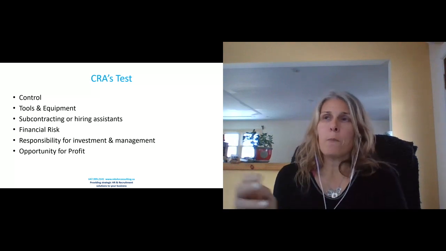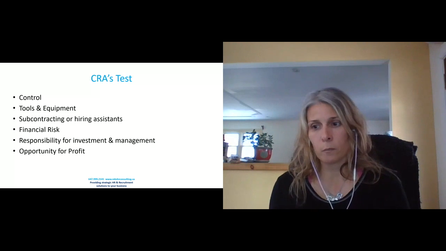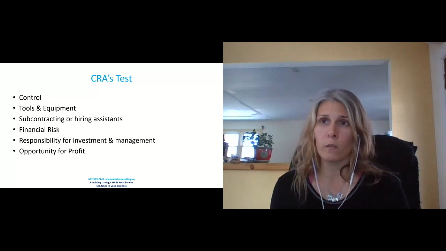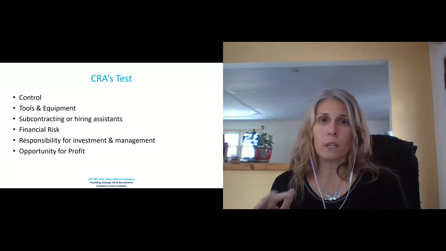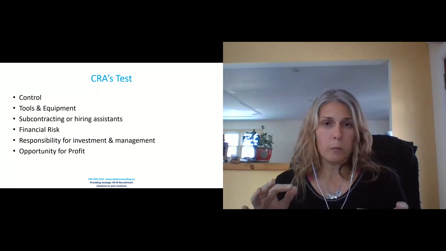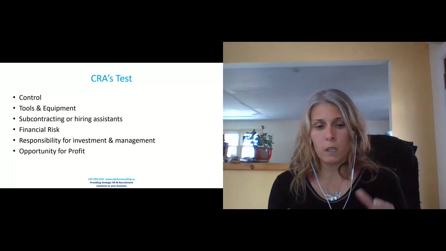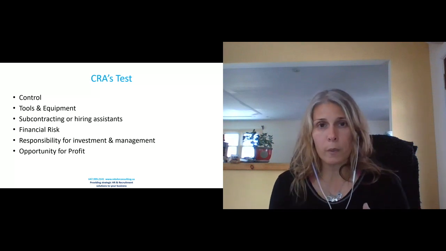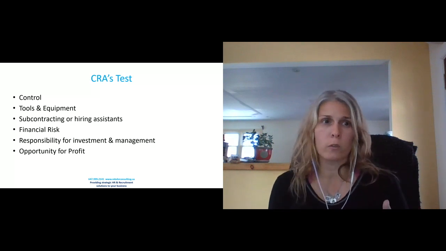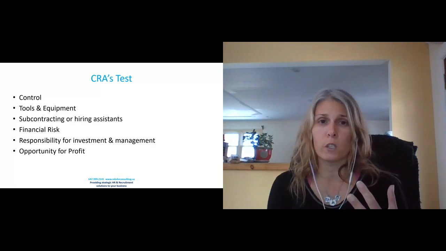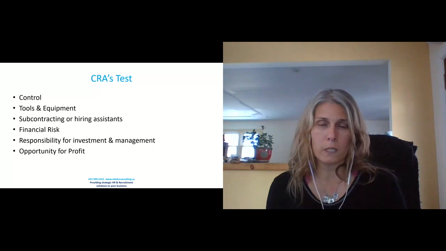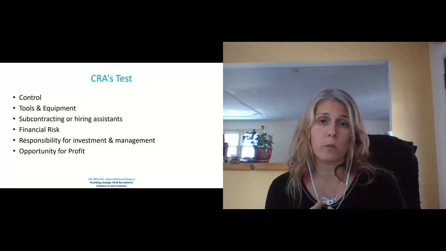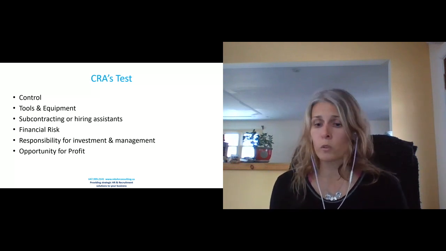The only area where it gets unique in terms of the business owner supplying the tools and equipment is if you're a physiotherapist, a chiropractor, or a registered massage therapist. In those specific industries, typically the business owner will supply some of the tools and equipment.